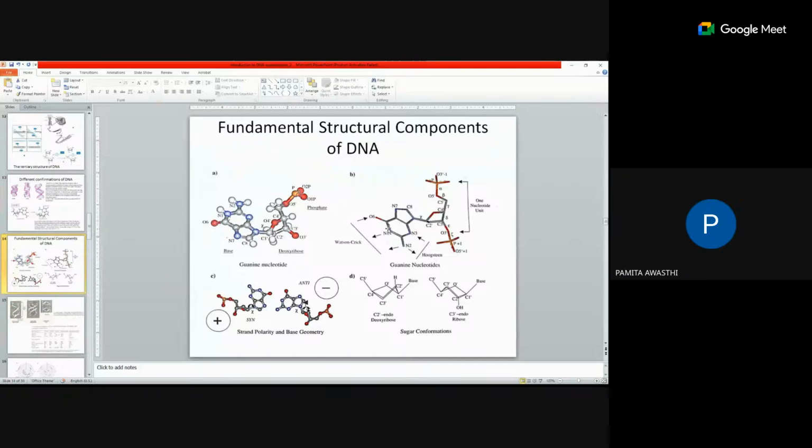And yes, the stabilized secondary structure is the combination of the conformation of the backbone, sugar, as well as the nitrogenous bases and their bond formation, hydrogen bonding with another strand.